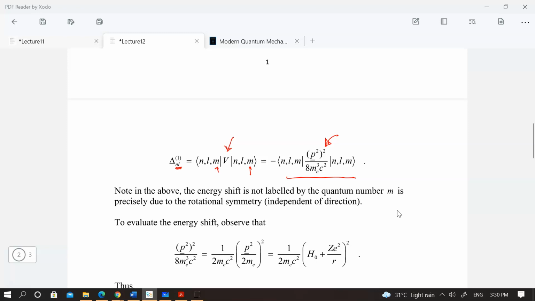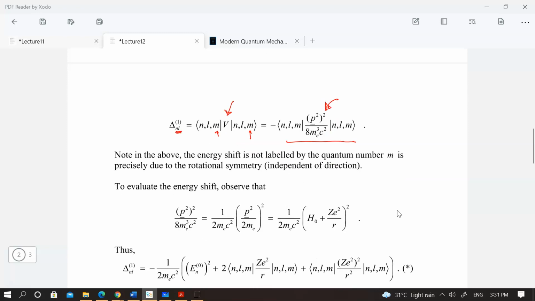Another technique is to consider the following. Your p squared already appears in H naught, right? So what one can do is remember what H naught is. H naught is p squared on 2m minus Z e squared on r.